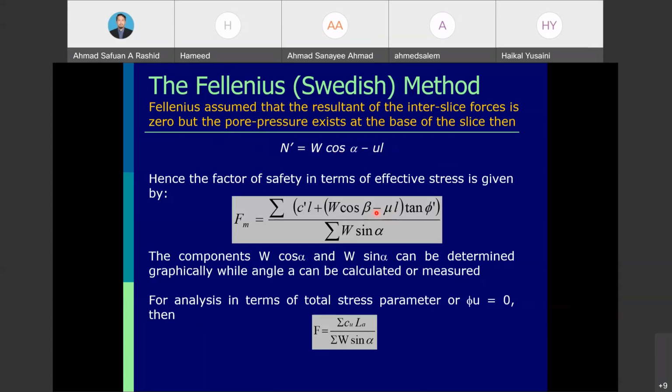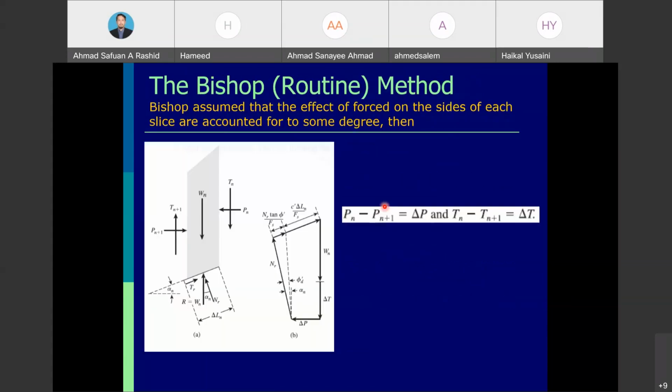And when we compare with the total stress method, it doesn't include the pore water pressure. So that's why there is a lot of difference between this effective stress approach and the total stress approach.